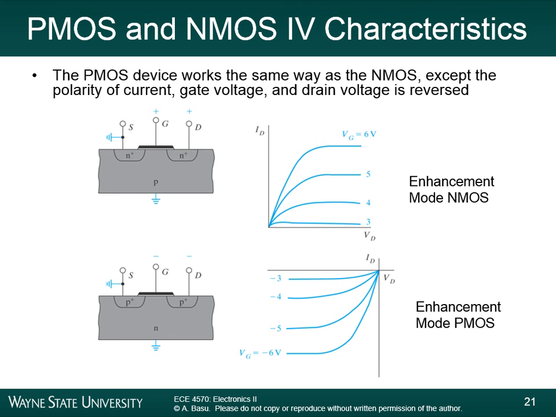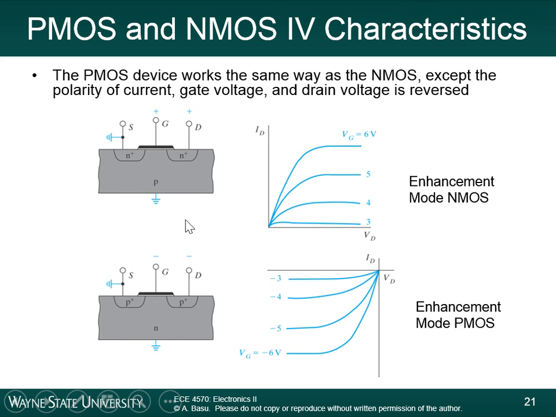So we have a few minutes here, so we'll probably end off with comparing the PMOS and the NMOS device. The PMOS device works the same way as the NMOS device, except the polarity of the current, gate voltage, and drain voltage is reversed. The current voltage characteristics for an enhancement mode NMOS look something like this.